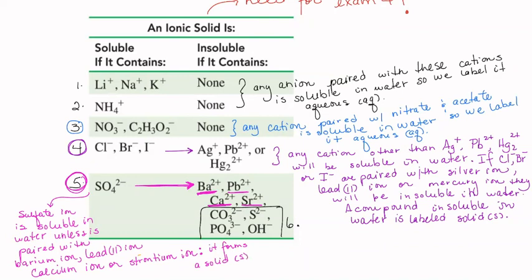So that's why we will label it S. Okay. Let's go through the last one, which is rule 6. As you can see, carbonate, sulfide, phosphate, and hydroxide is insoluble in water.